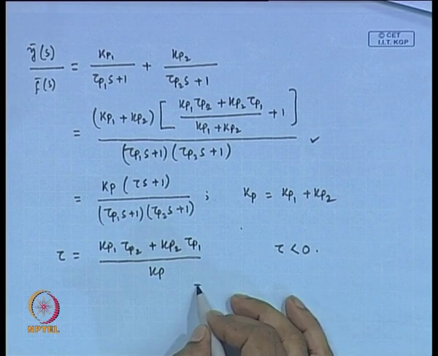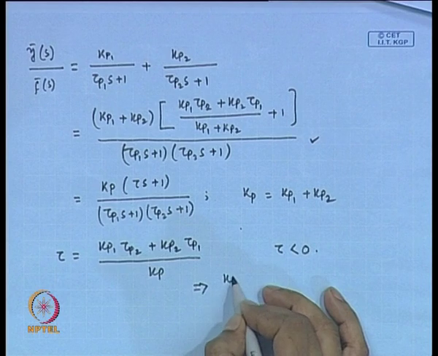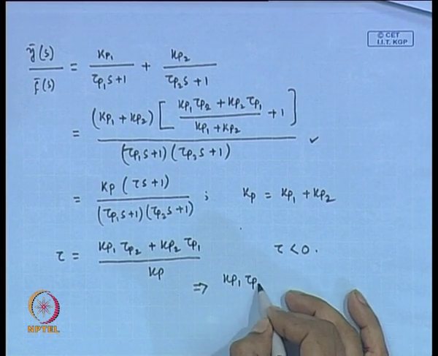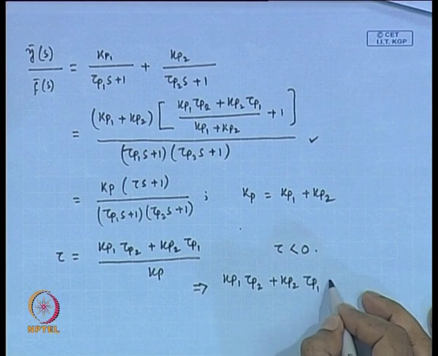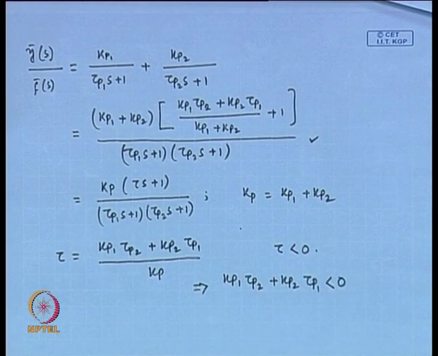That means we can write kp1 tau p2 plus kp2 tau p1 less than 0. Agree?